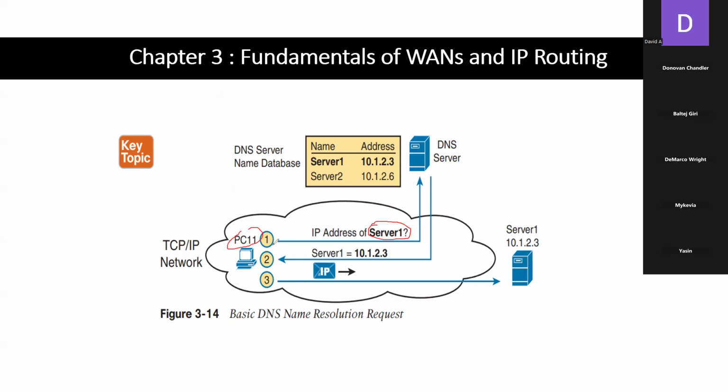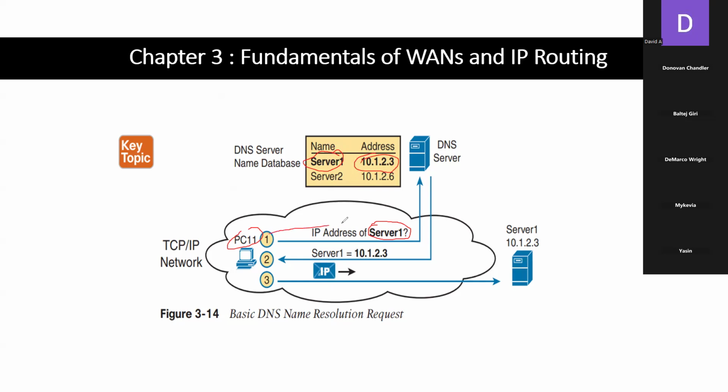By default, our PCs use a TCP/IP stack, so they mainly talk via IP addresses. But we can use the domain name system to resolve that host name to an IP address.